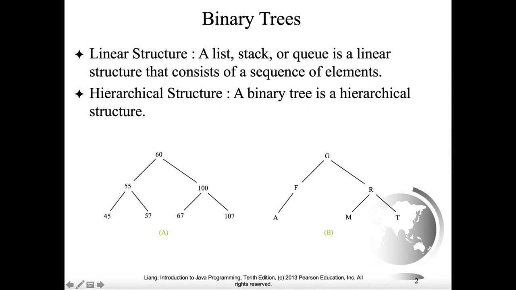It may have some children, which themselves are also going to be nodes. How we connect these nodes together, we call it an edge, right? So each tree is going to have a set of nodes and a set of edges.